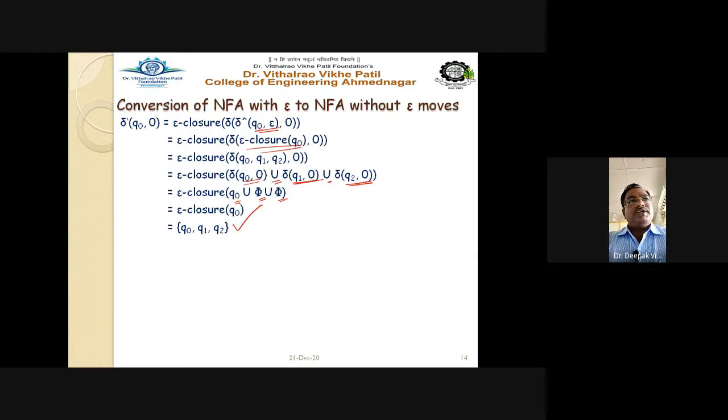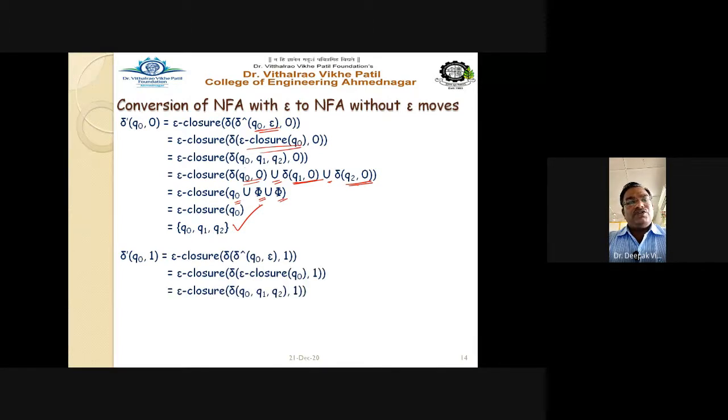Now go to the next one, that is Q0 on 1. State same, but the input is different. So epsilon closure of delta Q0, Q1, Q2 on 1. Input is 1 here. In the first one, input is 0, but in the second case, the input is 1. So epsilon closure of delta Q0 comma 1 union delta Q1 comma 1 union delta Q2 comma 1.